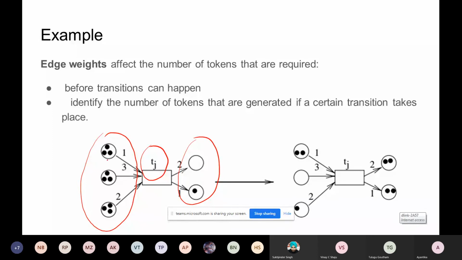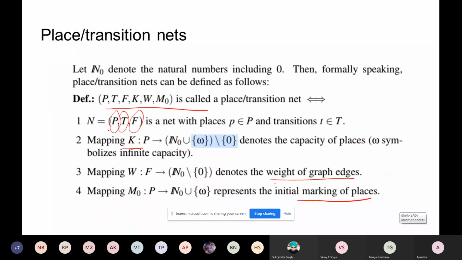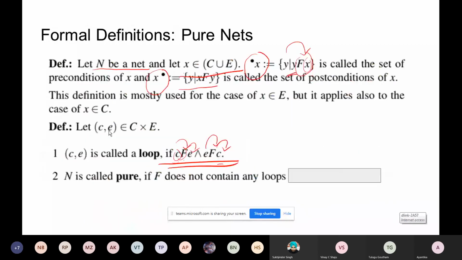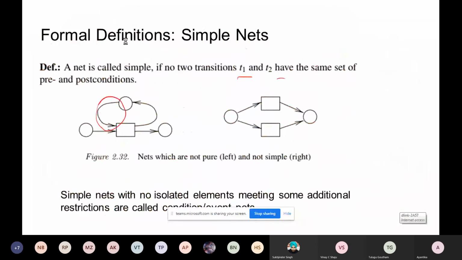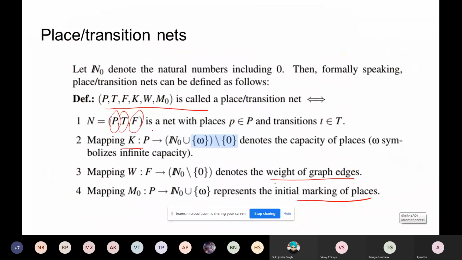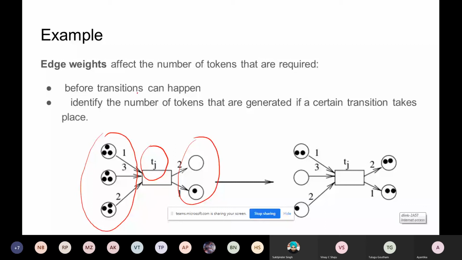Now you see here, in the previously seen examples, we have only considered one single token at each place. Here in place transition nets, we are considering some capacity associated with each place.